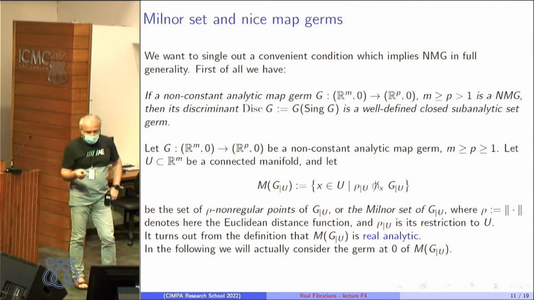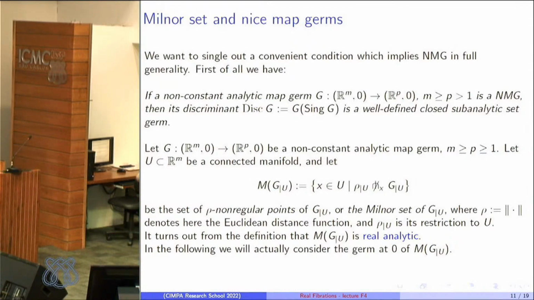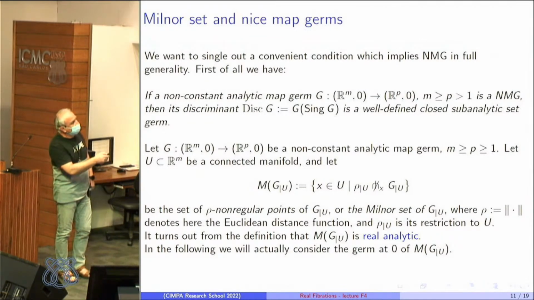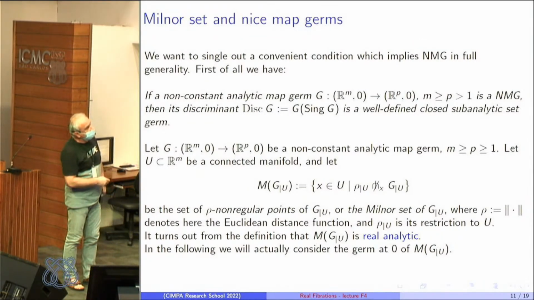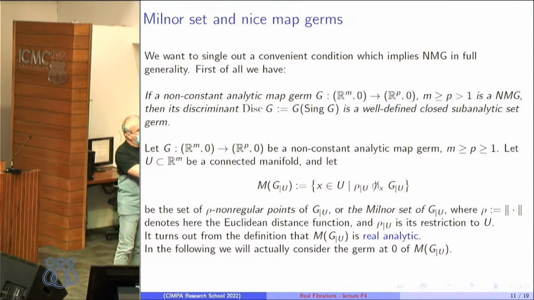And now the definition of the Milnor set. I know that you have seen it, because I gave it here Monday afternoon. So you have rho. Let's say that rho is the distance function, the norm of the point.